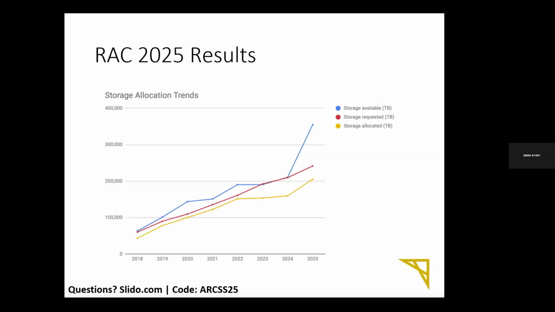The net positive of this is that, other than for GPU capacity, this is the first time in years that for the amount of requested storage and requested compute, we have a surplus of capacity. Pretty amazing. So if you have CPU-bound jobs and you need a bunch of storage, feel free to start using these systems and request.